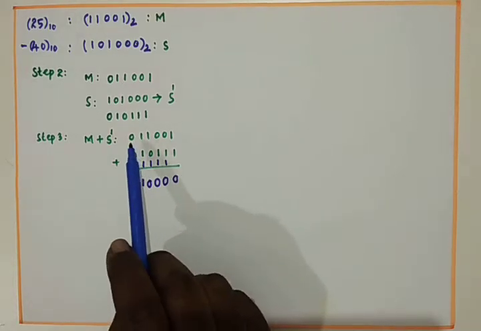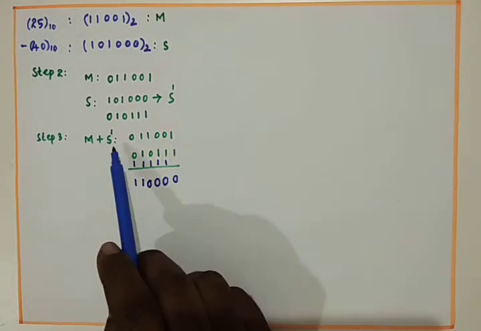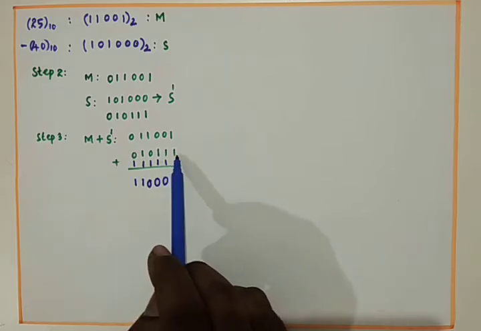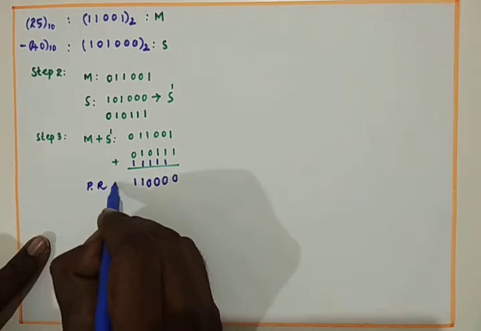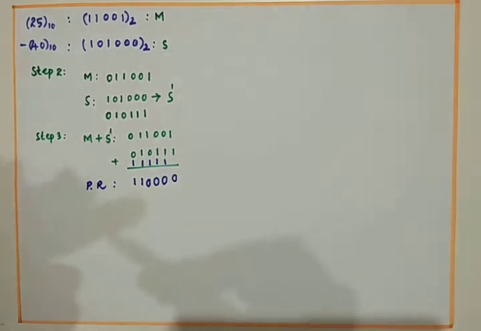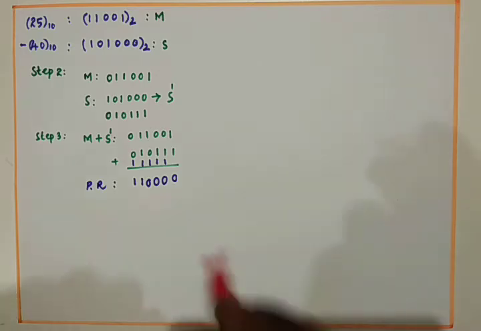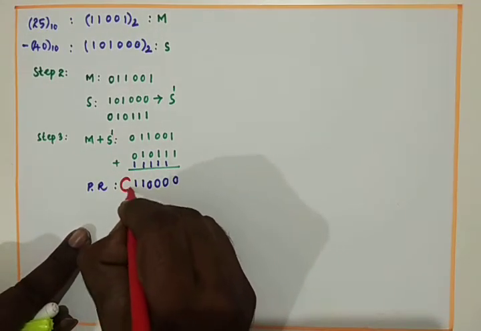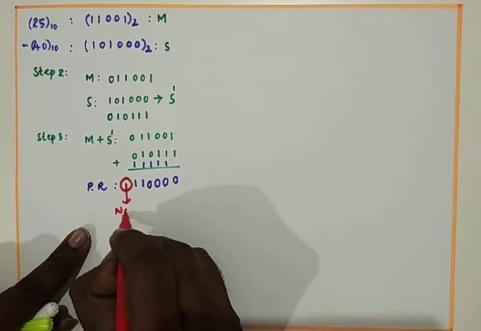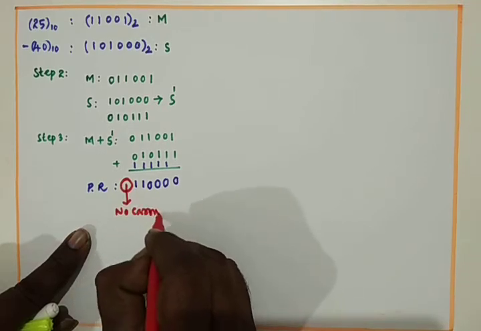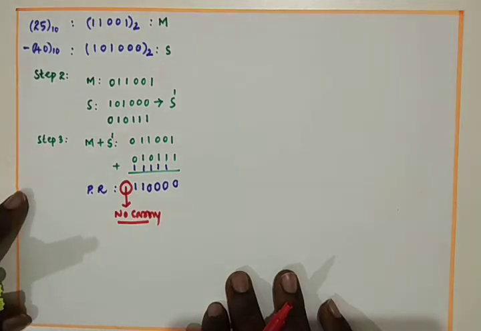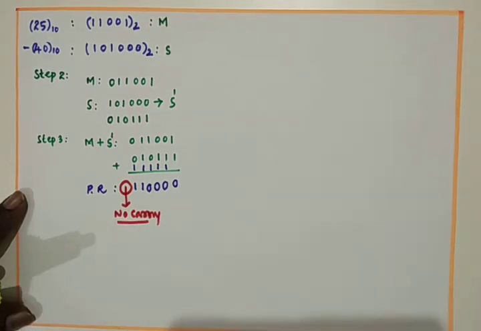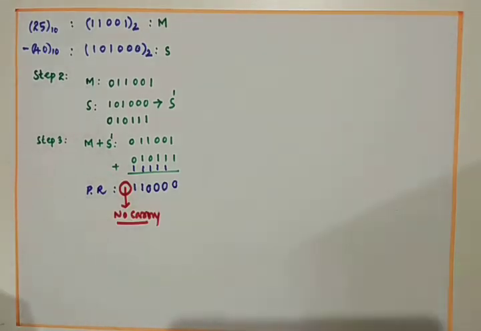Earlier the minuend was 6 bits and the subtrahend complement is also 6 bits, but the primary result is also 6 bits only. There is no carry. If there is no carry in the primary result, the final result will be negative.